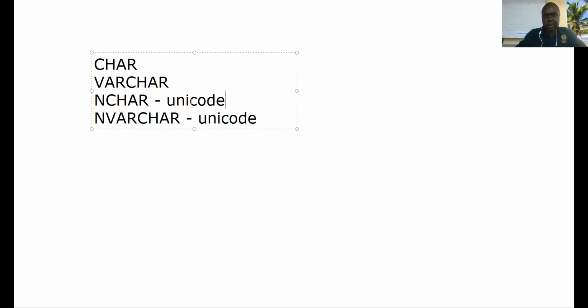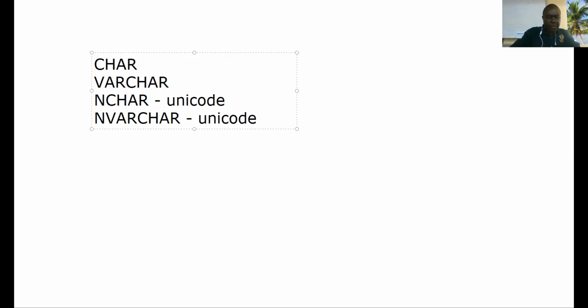Next, what do we mean by Unicode? We said that this is a case where we want to extend our set of characters from the typical standard characters, which are about 256, to include special characters, like those which are used in French.